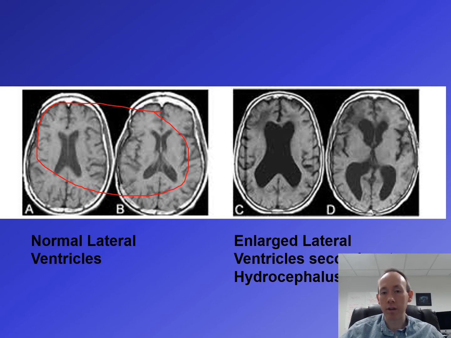Over on the right would be abnormal, and this is due to what we call hydrocephalus. So this is water retention, cerebral spinal fluid in the brain, and there are other issues going on, but these are very large ventricles. When we see ventricles that large, generally we think hydrocephalus.